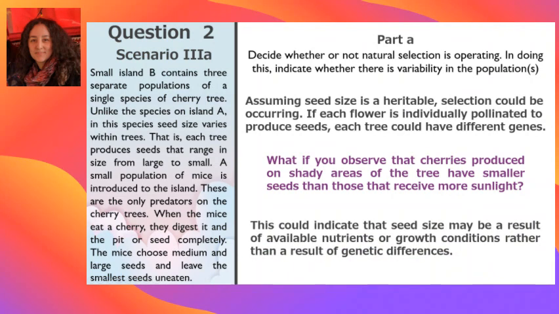So this could indicate that seed size may be a result of available nutrients or growth conditions rather than a result of genetic differences. So again, I know this wasn't mentioned in the scenario, but we are just exploring some different thought processes here. So don't get too hung up on that. Let's just consider it.